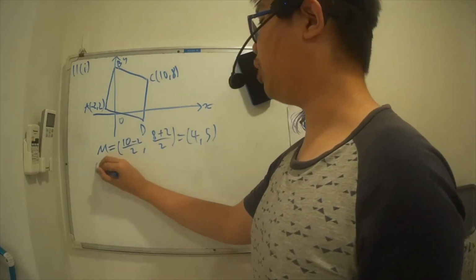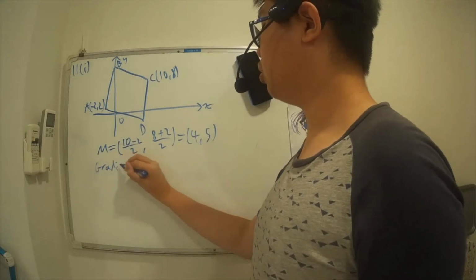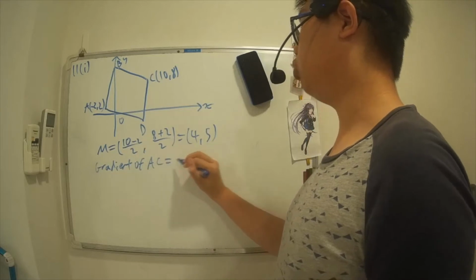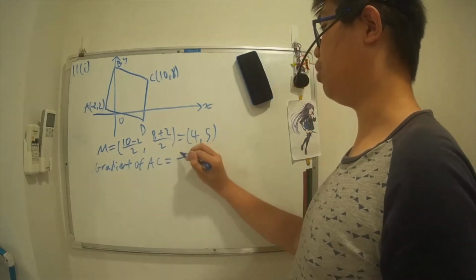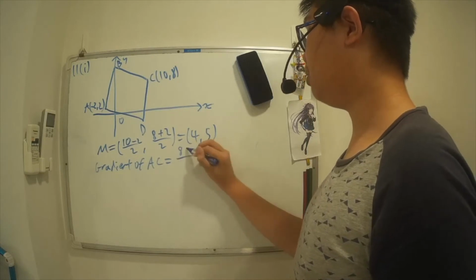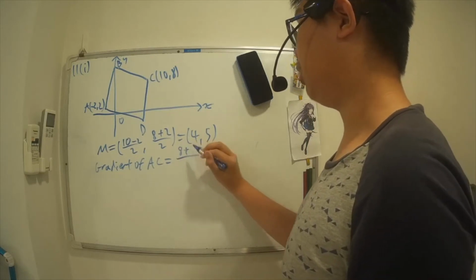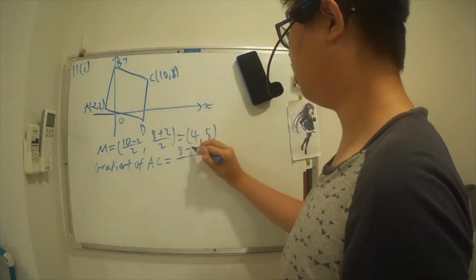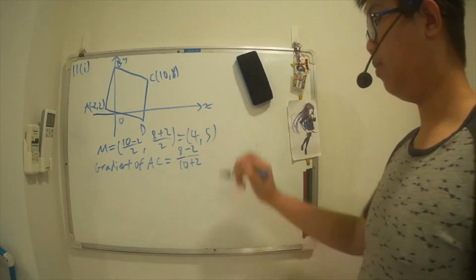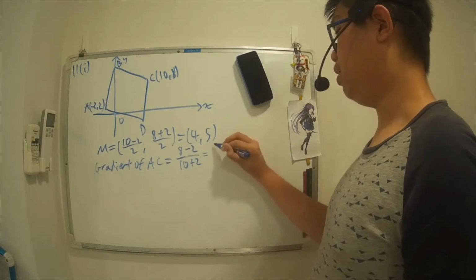Then the gradient of AC is equal to, use the gradient formula, y2 minus y1 over x2 minus x1. So we have 8 minus 2 over 10 plus 2, right? Okay, this is 6, this is 12, so half.